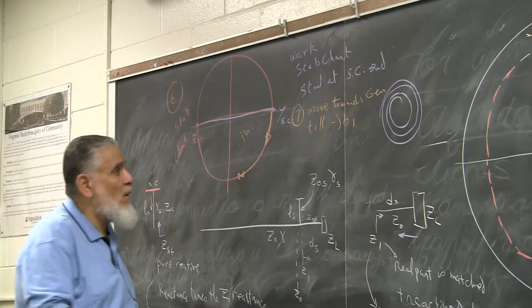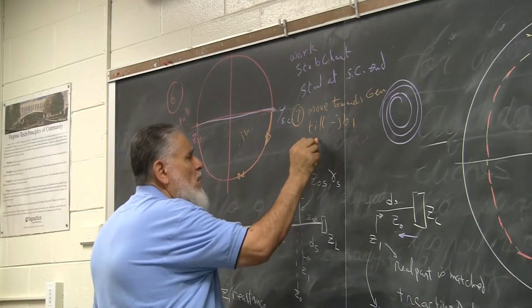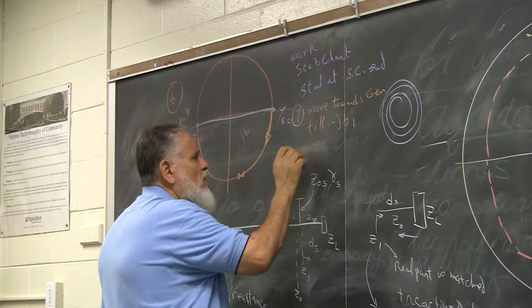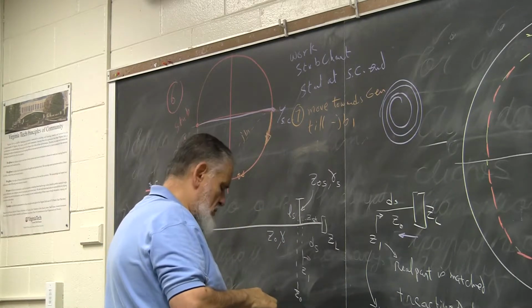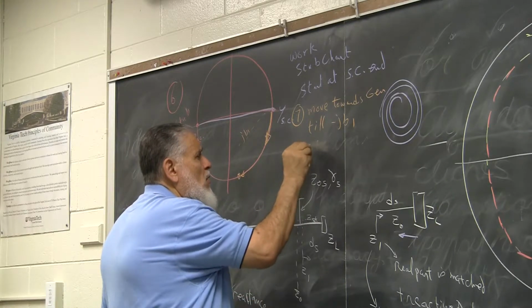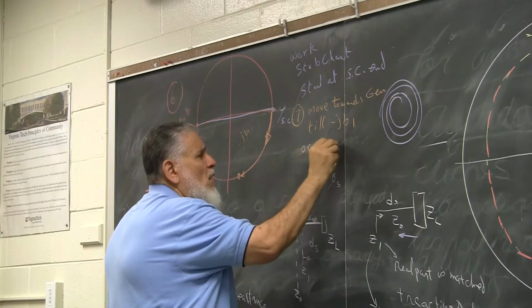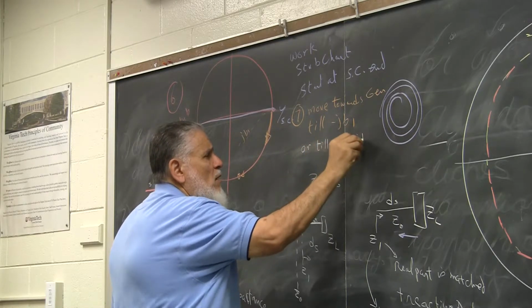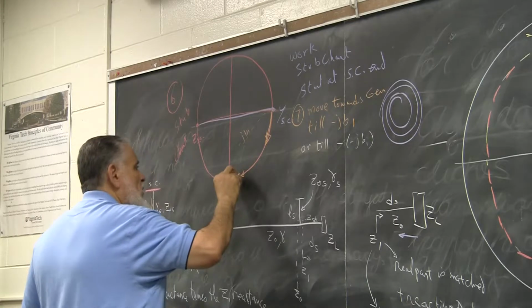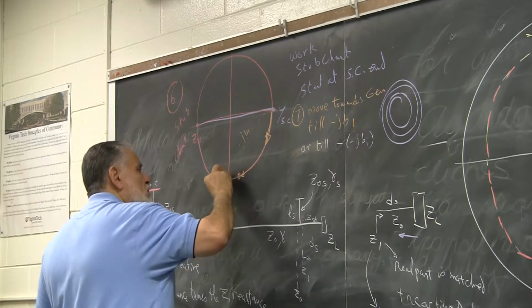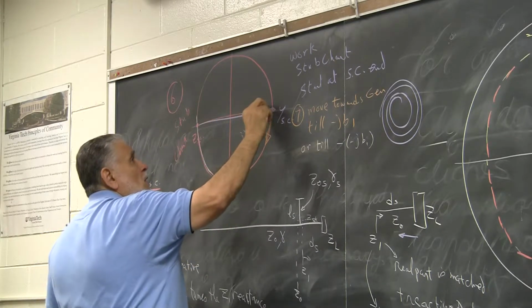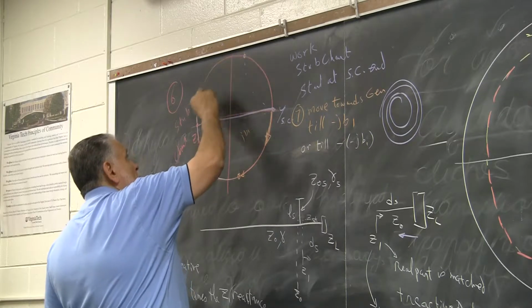Or till, let me write that in a different color. Use a white. Or till minus jB1, which is a plus jB1, right? So the other option is to continue going until you get to that.